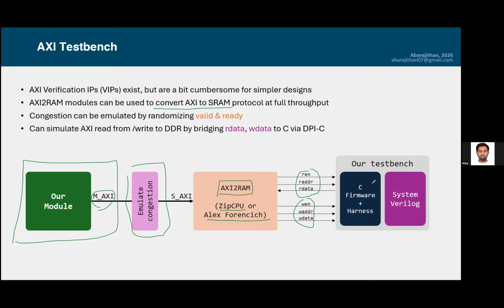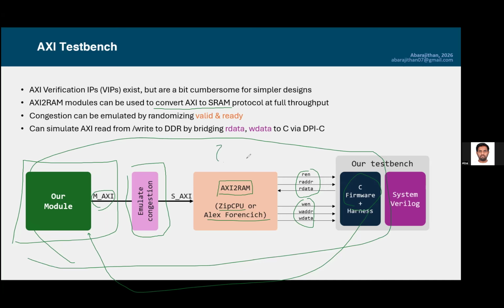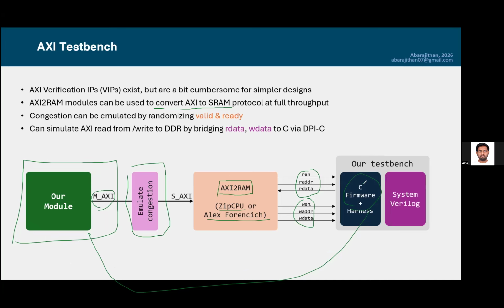You write into the registers, start and stop the module, give an input matrix, let your module work on that matrix and get an output. Then you have to check if the input and output are being put into the memory correctly and if they are matching. So the question is, how do you test the entire system all the way from here to here? To do that, we connect this SystemVerilog.